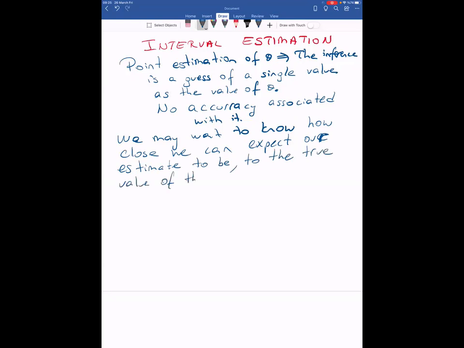Actually, we don't know the exact value of the parameter, but we can measure this.